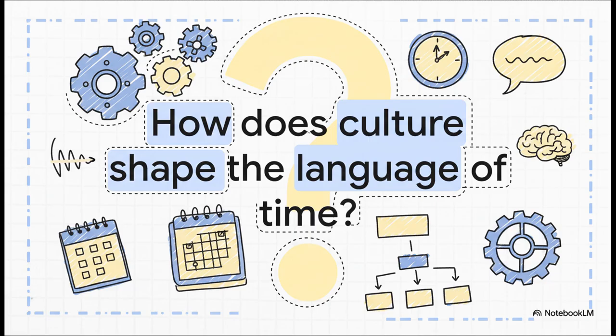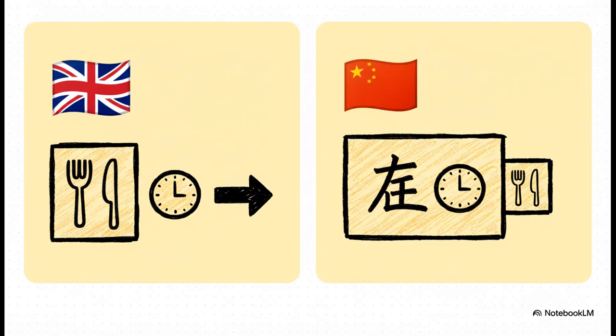So that leads us to a fascinating question. If a culture places a high value on planning, on scheduling, on setting the context, can we actually see evidence of that in the way the language is put together? Let's look back at our sentence formula, because the answer is a big yes. This side-by-side comparison makes it so clear. In English, we tend to lead with the action, I eat.